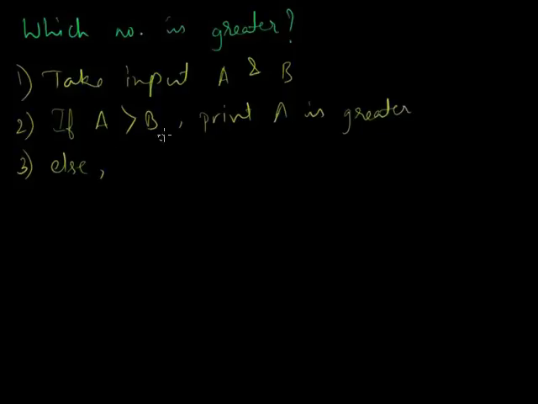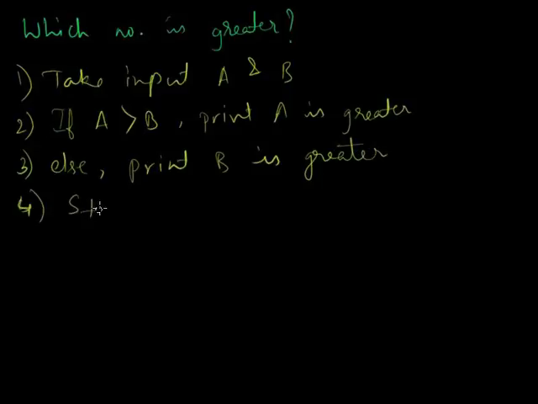Else print that B is greater. And then the final thing you do is to stop, right? You stop after checking and after printing all other stuff. You stop after that.